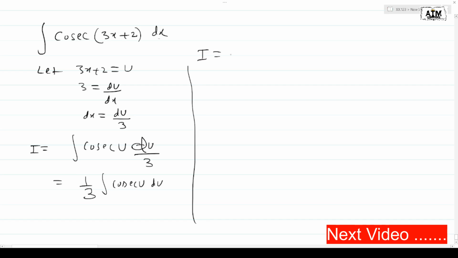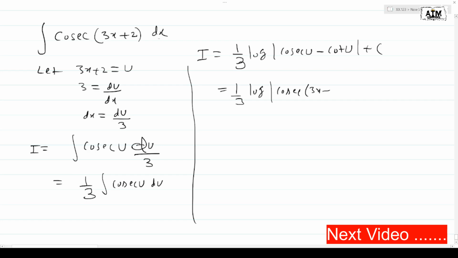I equals 1 upon 3 log of modulus cosec u minus cot u plus c. Putting back the value of u, which is 3x plus 2, cosec of 3x plus 2 minus cot of 3x plus 2 modulus plus c. This is the required integration of cosec of 3x plus 2 with respect to x.